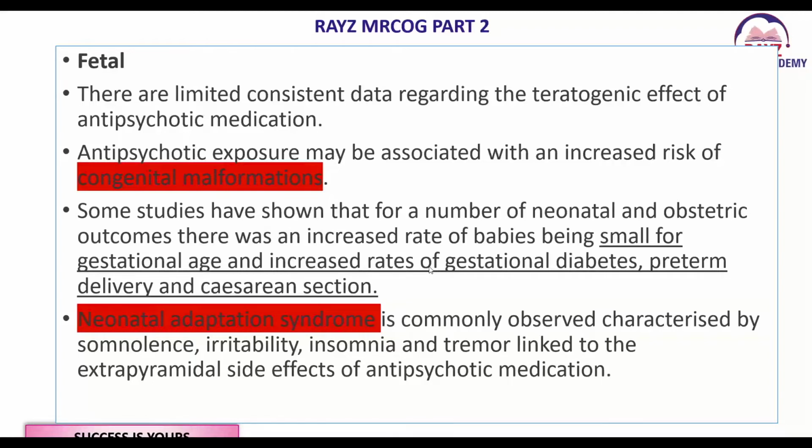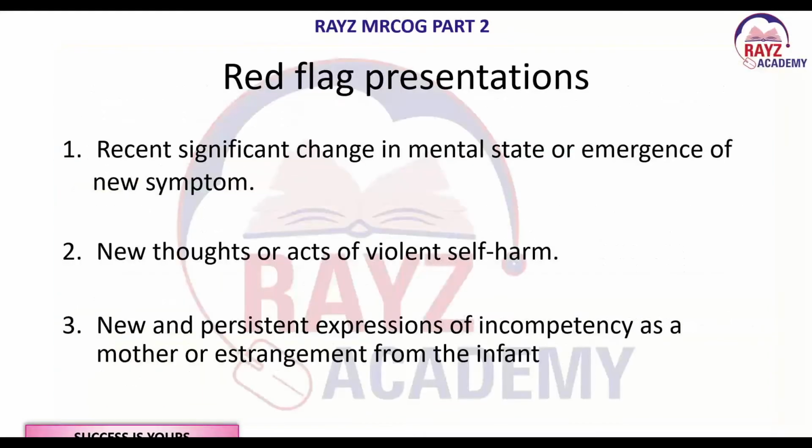There is increased risk, as already told, for gestational diabetes, preterm delivery, and cesarean section. However, the data is inconsistent. There is limited data available regarding the teratogenic effects of antipsychotic medications. So they can give you any antipsychotic medication. Just remember this, and you should know what the second generation antipsychotics are.